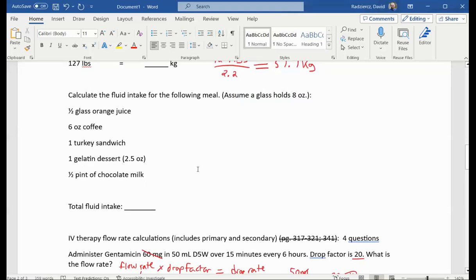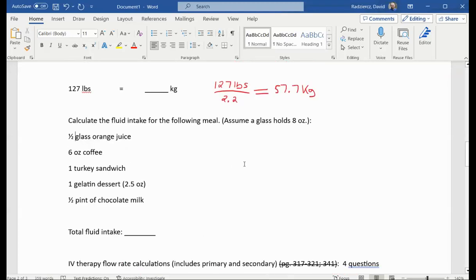And the one thing that I'm not 100% certain on is if you get custard and pudding and ice and things like that, you need to look over your notes to see what constitutes a fluid that needs to be calculated and what doesn't. But for this example, everything here excluding the turkey sandwich is a fluid, right? So even if it told you a 5-ounce turkey sandwich, 5 ounces in that instance would be referring to its weight, not its volume.